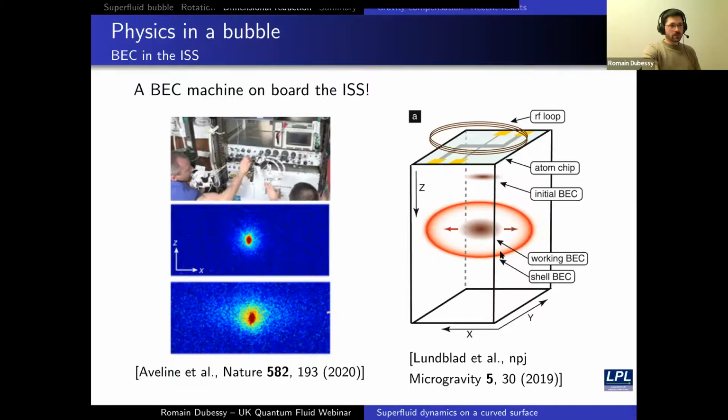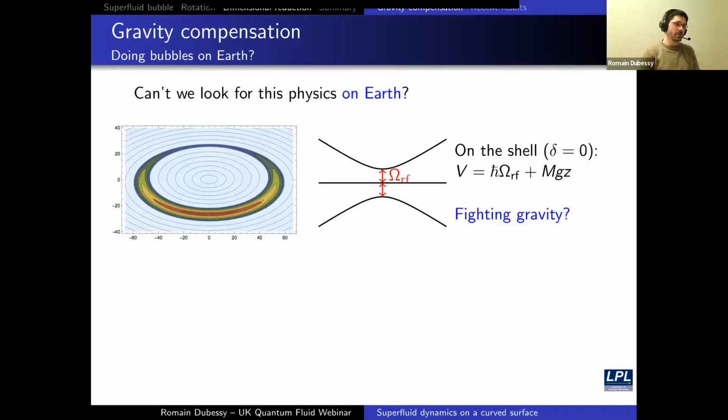You can imagine filling the whole shell with atoms. As we do not have a microgravity environment in our trap, we still try to find a way to look at this physics in our experiment. The idea is, can we fight gravity? If you follow the atoms on the resonant surface, where the minimum of energy of the adiabatic states is, you find a very simple approximate expression for the potential.